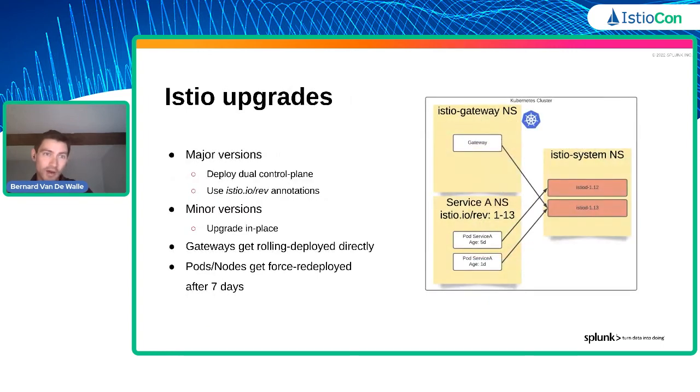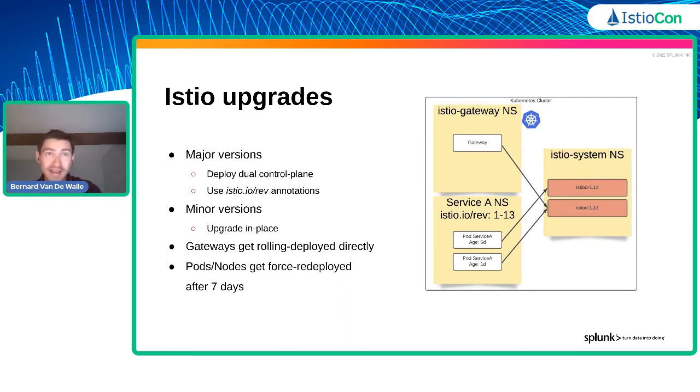How do we upgrade? Well, for the major upgrades, for example, going from 1.12 to 1.13, which we are doing right now, we use the dual control plane method, which means that in istio-system, we deploy both istiods together. What we do then is for each namespace in each of our clusters, we have an annotation, use upstream, which is istio.io/rev, that will define which control plane you want to attach to.